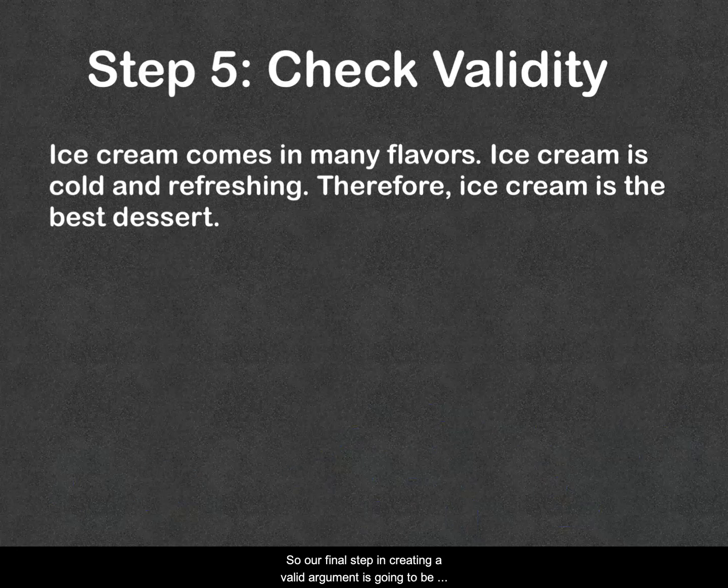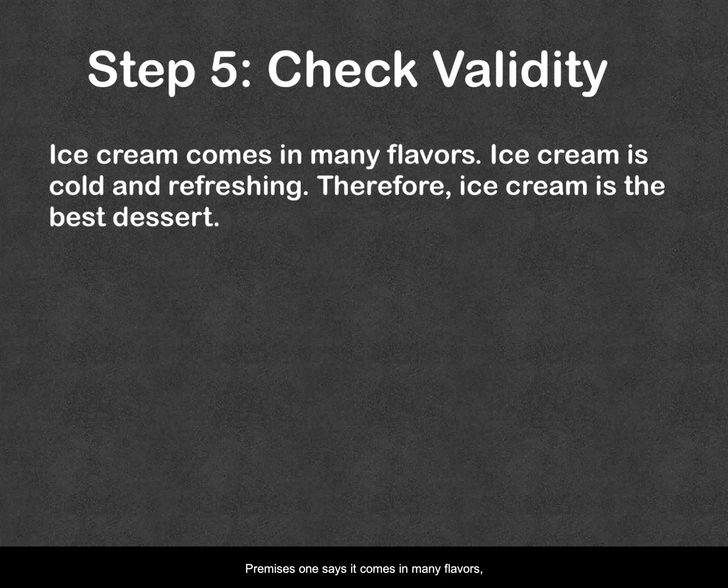So our final step in creating a valid argument is going to be check validity. So I went ahead and wrote out our argument for us. Ice cream comes in many flavors. Ice cream is cold and refreshing. Therefore, ice cream is the best dessert. So these premises provide reasoning on why ice cream could be the best dessert.